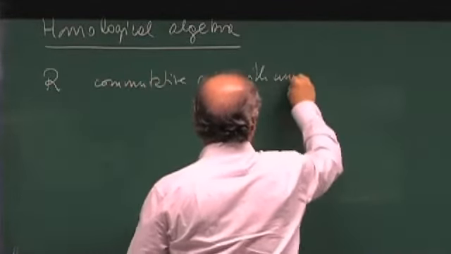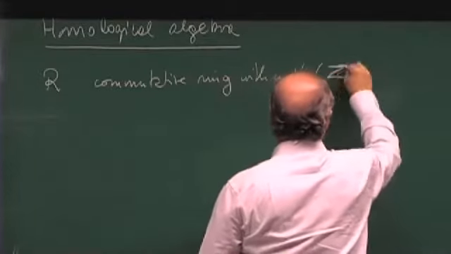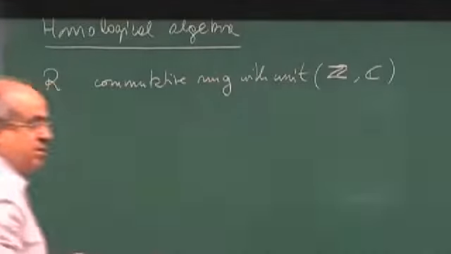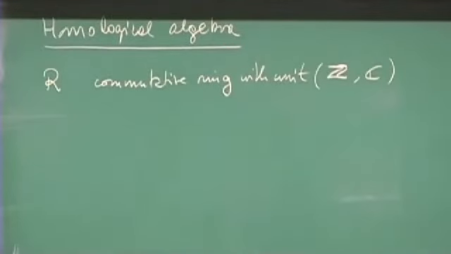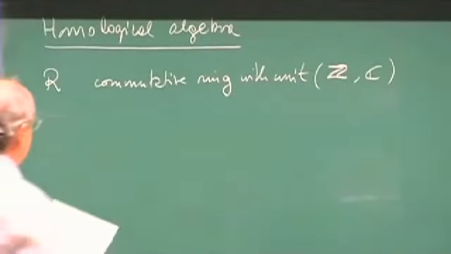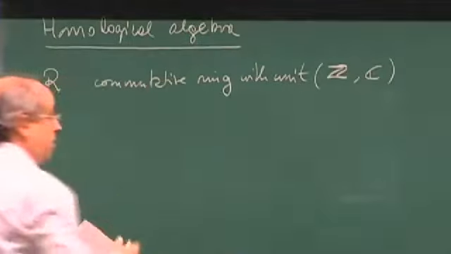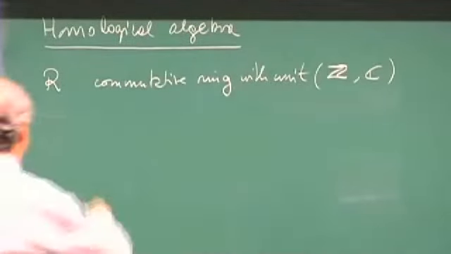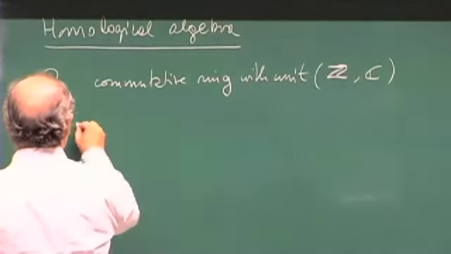At least at the beginning, there is no harm in thinking we are working with Z, the integers, or with the complex numbers. And we shall consider modules over this fixed ring. And then we may have a first definition.